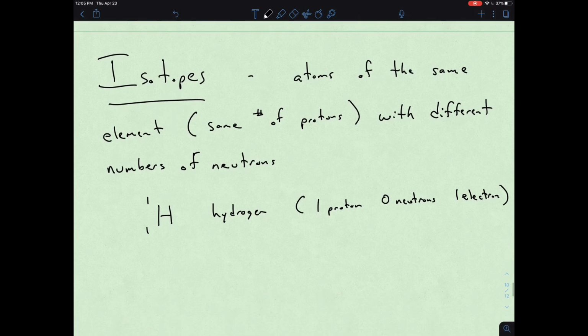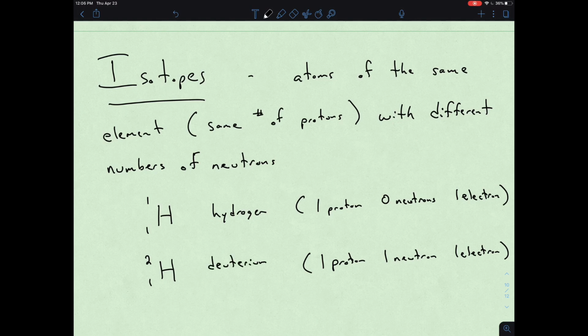If we go to a second form of hydrogen, notice that our number in terms of our atomic mass has changed. Here we actually have still one proton, but now we have one neutron and still one electron. This isotope has a common name, which is known as deuterium.